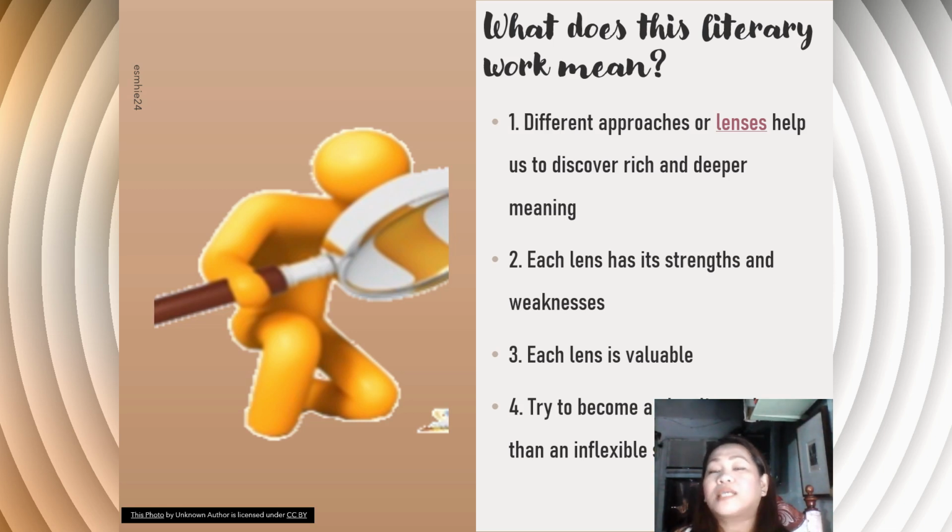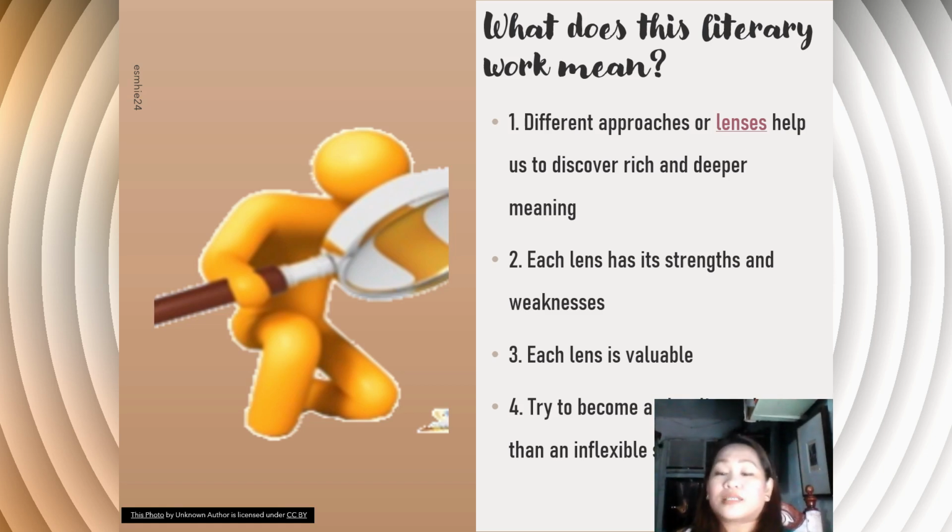Why? Because there are times that the text might be true to you, but might not be true to other theories. Okay, so that is the weaknesses. The strengths is the practices, the beliefs. Okay, so the questions that will be raised, something like that.